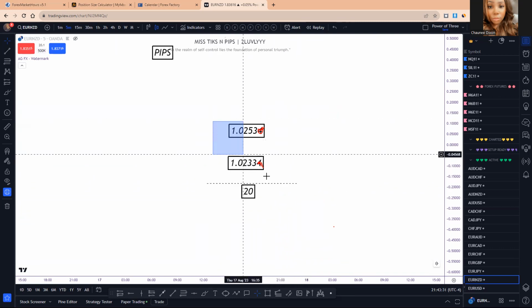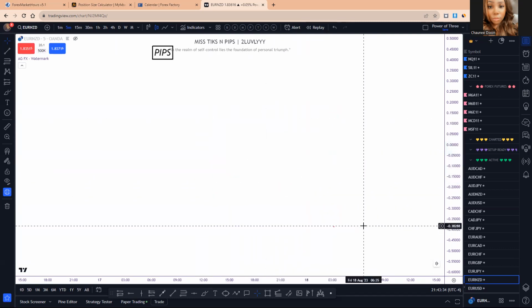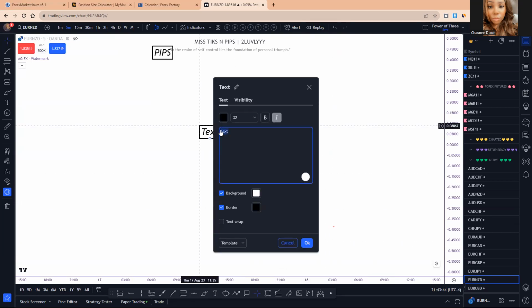Alrighty. So now the next thing is, how much is a pip worth? One pip is going to be worth whatever you risk when you enter a trade. The main formula I go by is, and of course in Forex, we use lots. I don't know if y'all have heard that thrown around a few times, but when you start placing trades, you're going to enter your trades based on lot sizes.